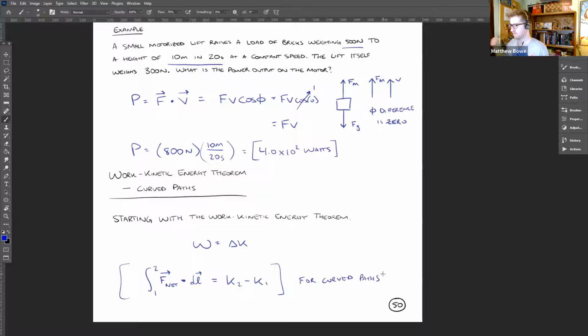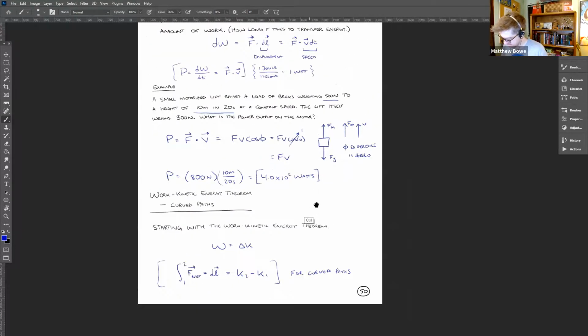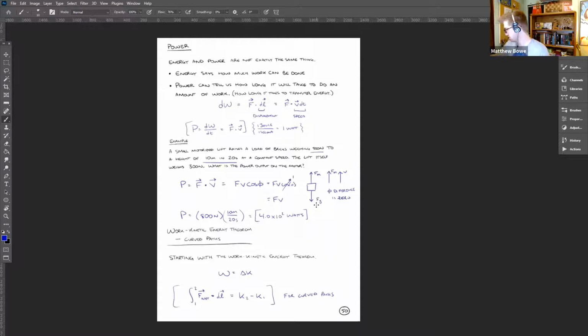In a previous day's lecture, I said that work can be done on an object or by an object, and it can be positive or negative. How does energy really flow from one thing to another? That's what we're going to examine in this next chapter: conservation of energy.